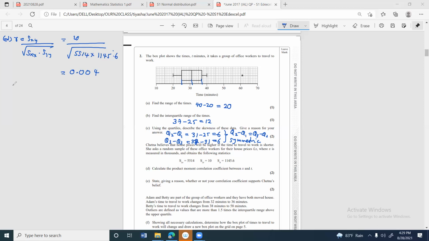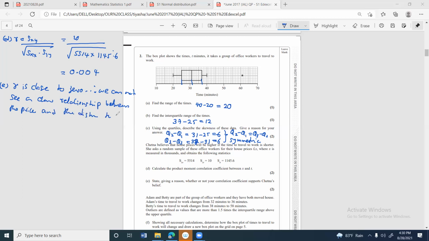So you can say it is a very small value. So you can say r is close to 0. Therefore, we cannot see a clear relationship between the price and the distance to work.